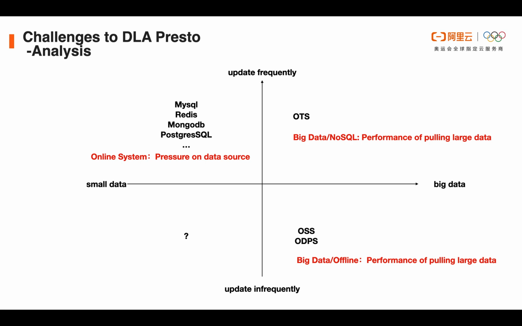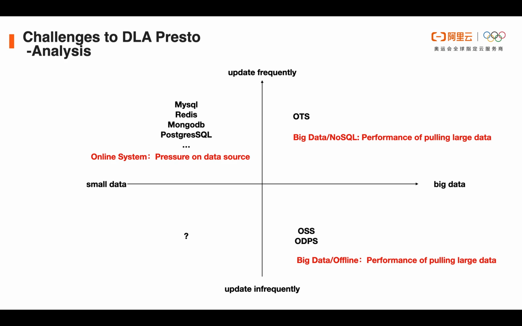To analyze the problems, we divide the data sources into three categories with two dimensions. One dimension is data size, and the other is the update frequency.